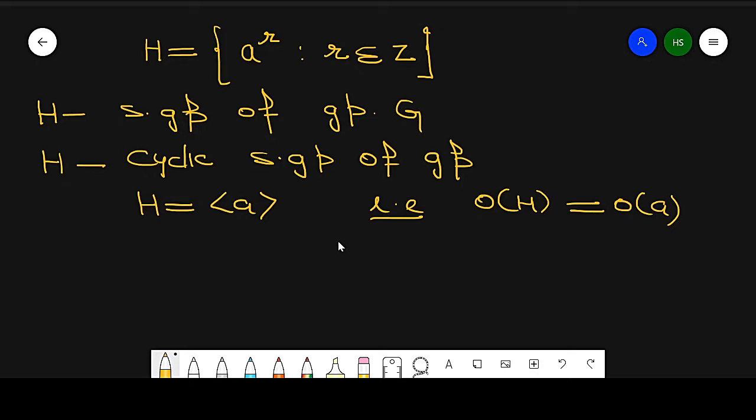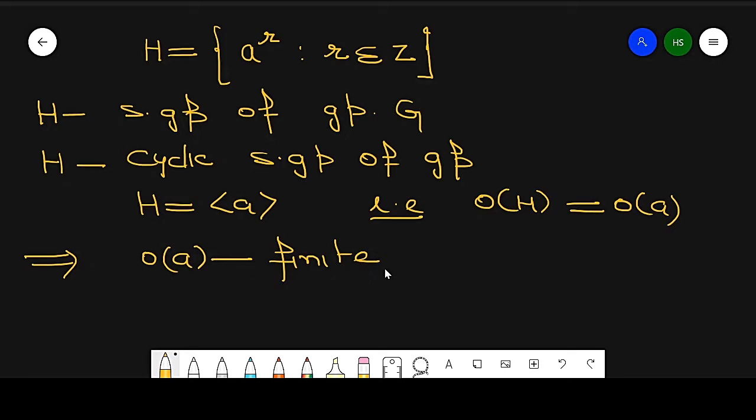Now by Lagrange's theorem, the order of H divides the order of G, so the order of H is finite. Since the order of H is finite, that implies the order of a is also finite. Also we can say that H is a part of G and G has finite order, so the order of a is finite.